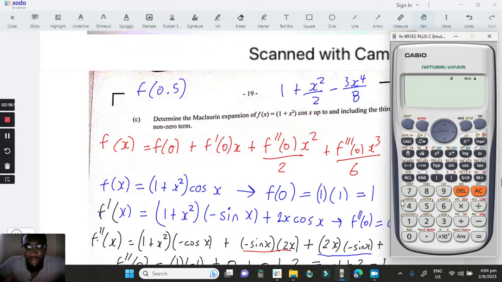So testing it, 0.5, look at this. 1 plus 0.5 squared multiplied by the cos of 0.5. This is what we get. And then our estimated answer should also give us the same thing. So I'm going to bring out another calculator, and the estimated answer should also be the same as this, or at least in the same ballpark. It should be similar. Alright, so I'm going to bring out the next calculator. It should pop up in a bit.